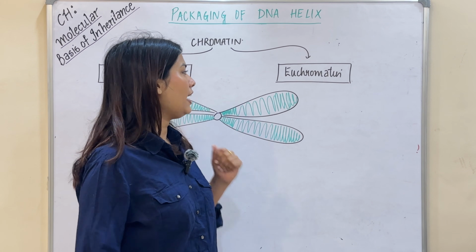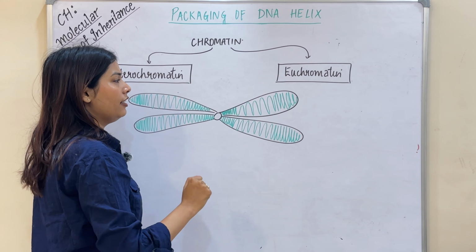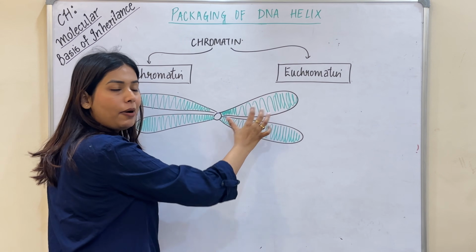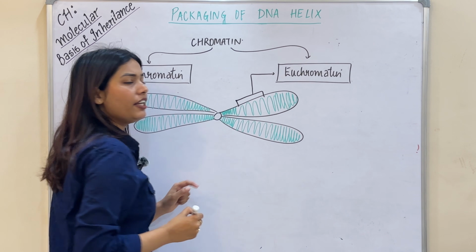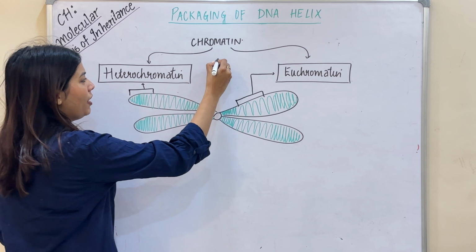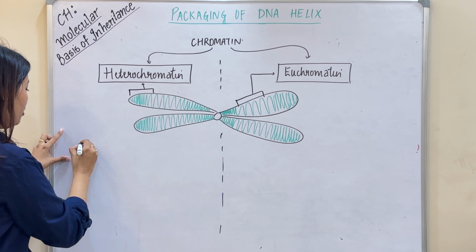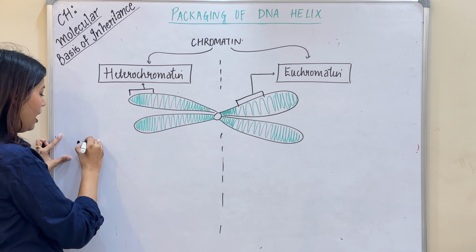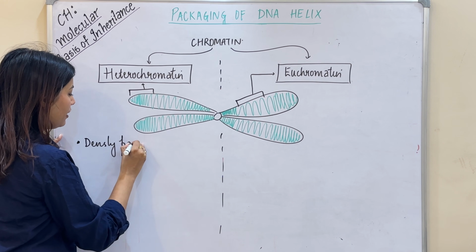Chromatin is of two types. One is heterochromatin, the other one is euchromatin. See the loosely packed chromatin, this region is loosely packed, so this will be euchromatin, and the densely packed region is heterochromatin. So if I write the difference between heterochromatin and euchromatin, first, heterochromatin is densely packed.